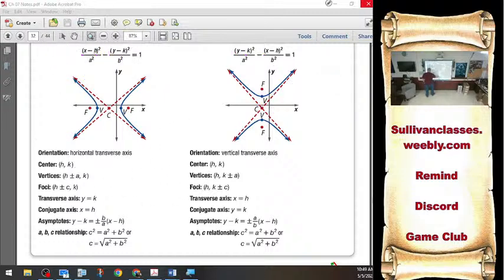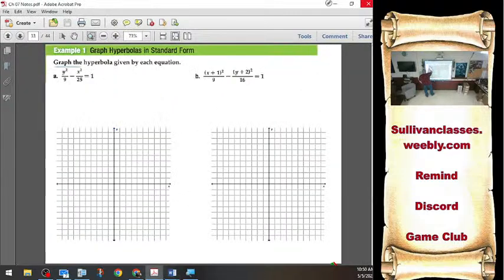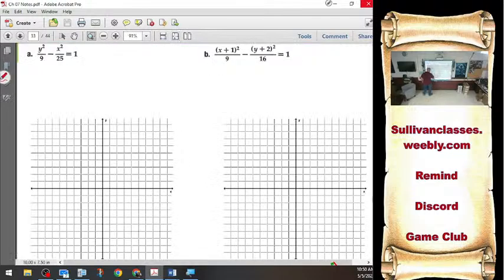All right, a lot of front loading. Here we go. Starting with A, nice and simple. They were so kind to us. Where is my center? 0, 0. And I'll label my coordinates off to the side on this one so it's easier to see the graph.